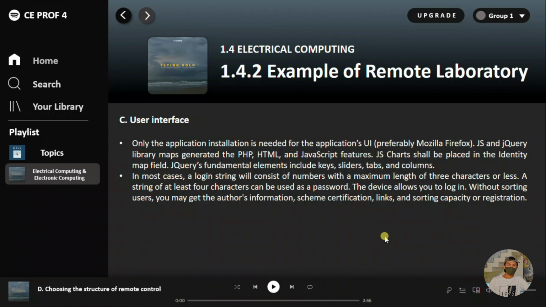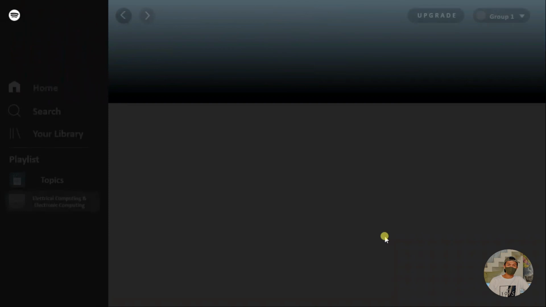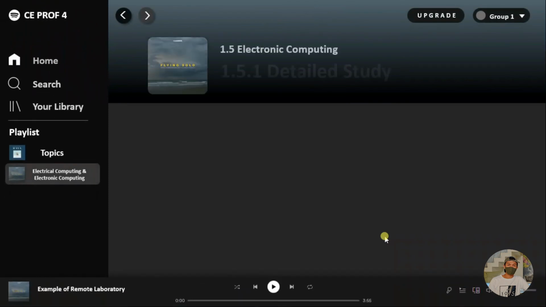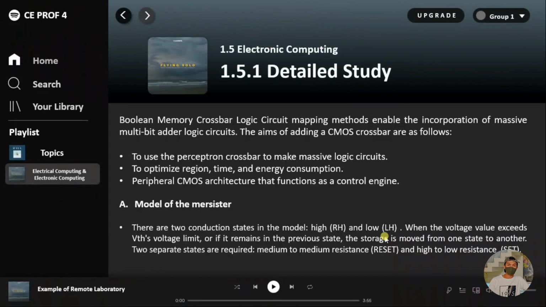A string of at least 4 characters can be used as a password. The device allows you to log in without, bisag walay certain users. You may get authors, information, scheme certifications, links, and sorting capacity or eager registration.